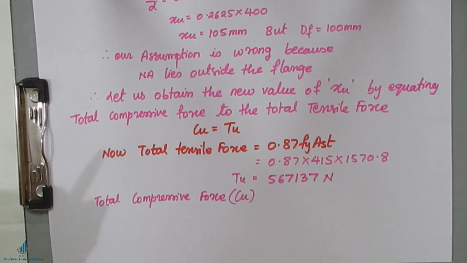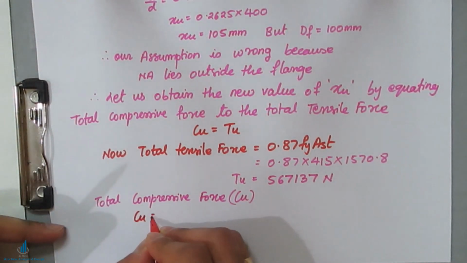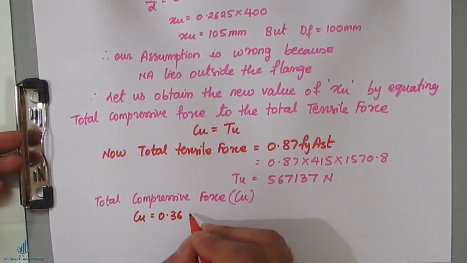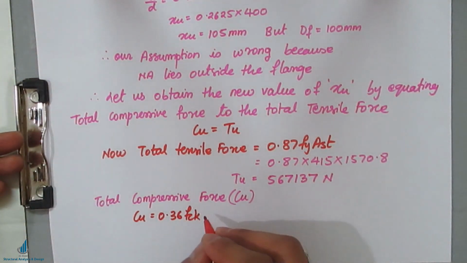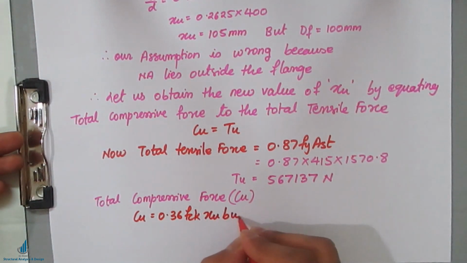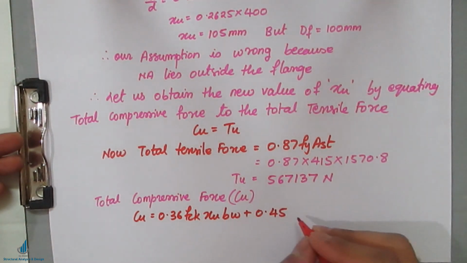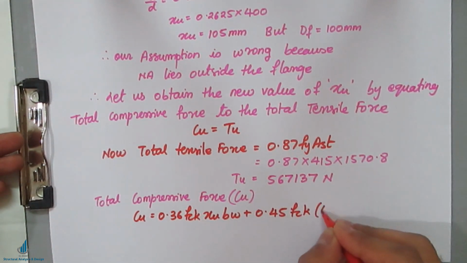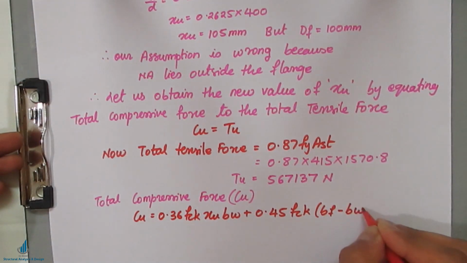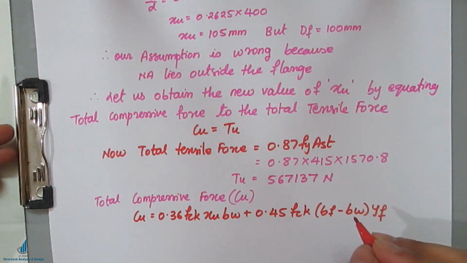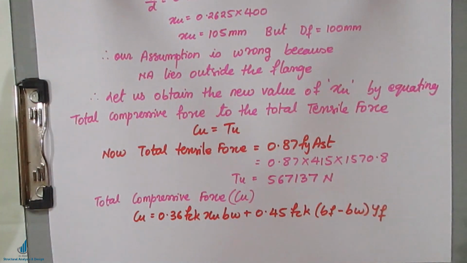So Cu is given as 0.36 FCK XU BW plus 0.45 FCK (BF minus BW) into YF. YF is nothing but the equivalent stress block parameter. We shall see how to calculate that YF also with the help of codal provisions.